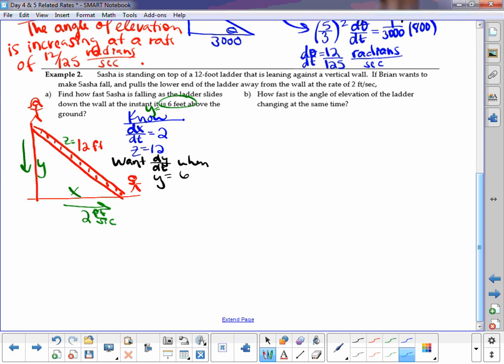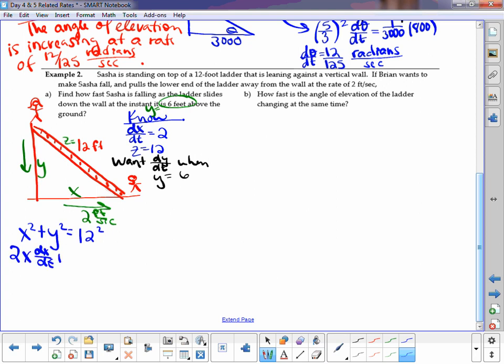All right, so x is changing, so that stays as x. y is changing, so that will stay as y. And z is staying the same, so we can go ahead and replace that here. Now we do our derivative.